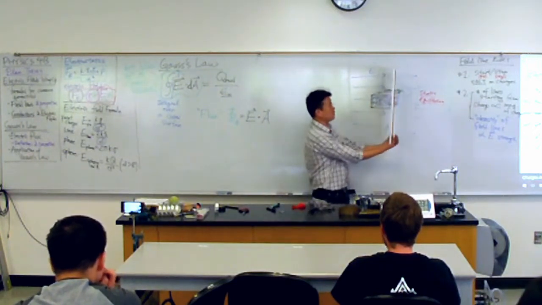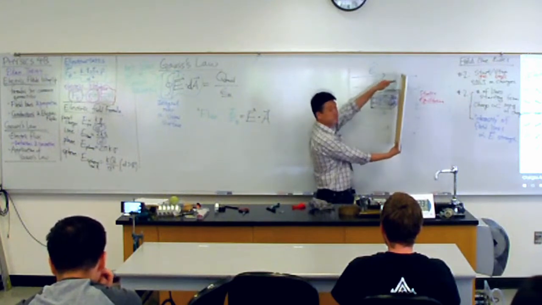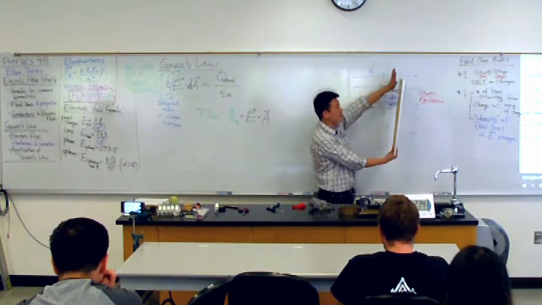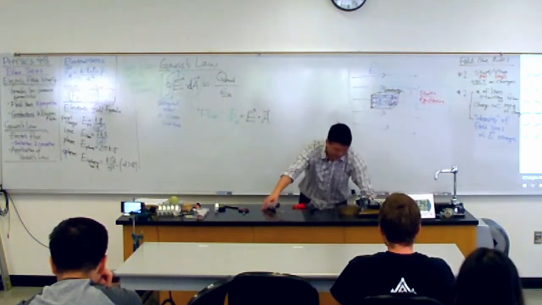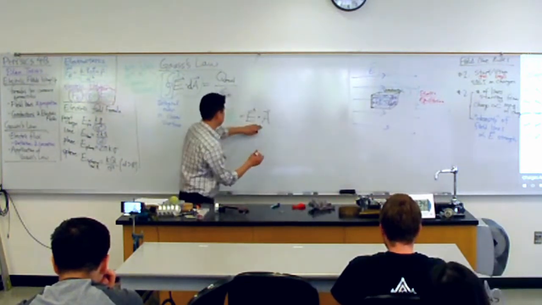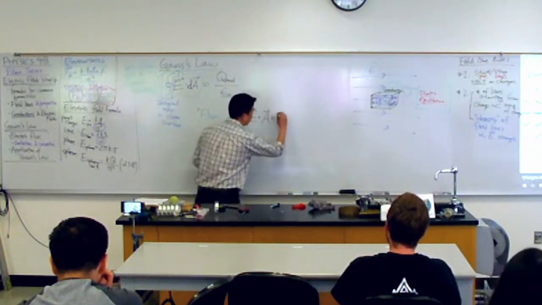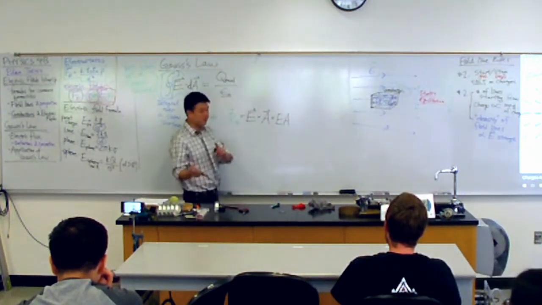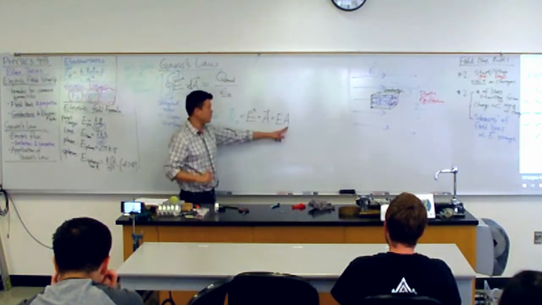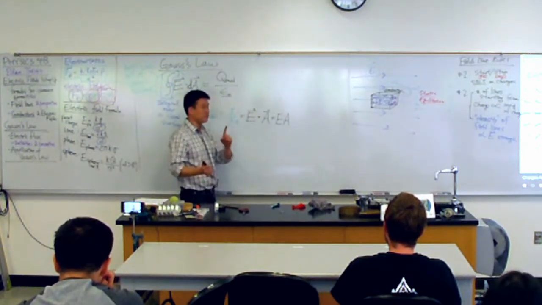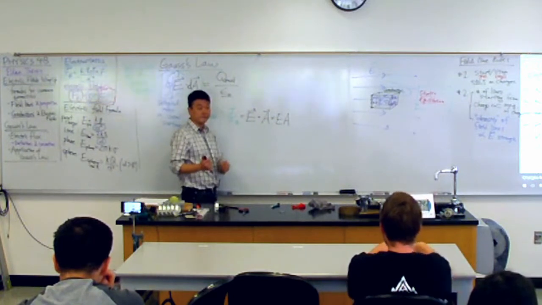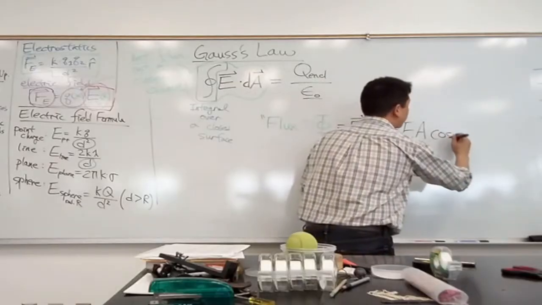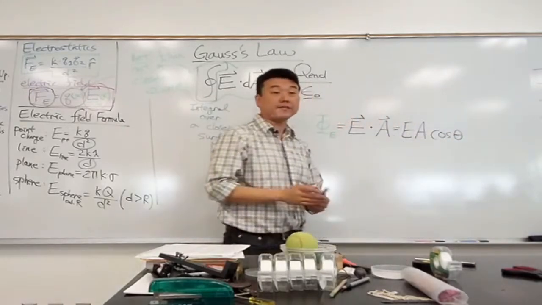See what the strength of the electric field is over this surface, multiply by the amount of the surface, and if you are being careful with this dot product here, it's the magnitude of the electric field times the area of the surface, and there's one more thing to express this dot product. Cosine of the angle. What angle? How are we defining that angle?